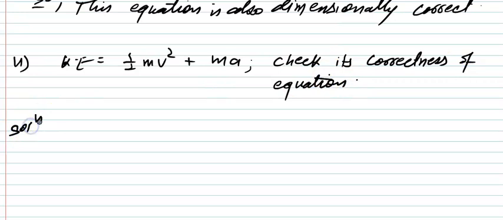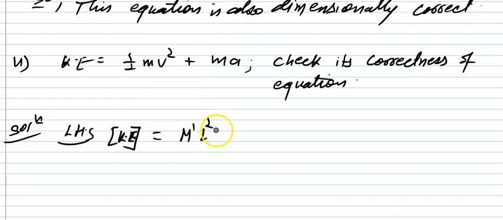So is this correct or not? We can check one by one. On the LHS side, the dimensional formula for the kinetic energy is equal to M to the power 1, L to the power 2, T to the power minus 2, right?